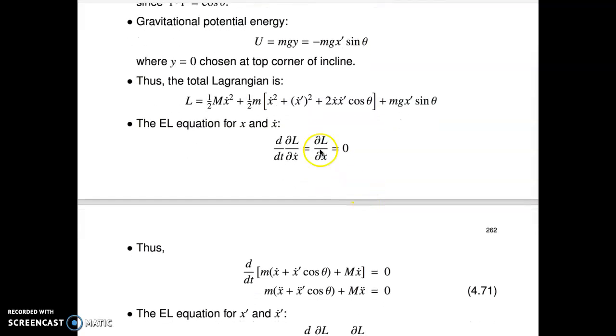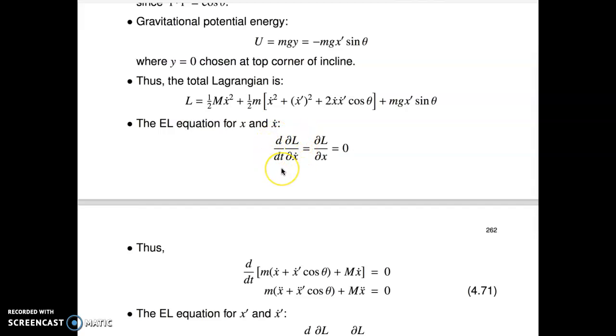If you then look at this Lagrangian, dL by dx, let's see, I'm not sure I see an x anywhere. I see an x dot, I see an x prime dot, I see an x primed, I don't see an x. So actually this equation ends up being correct after all, because this is equal to 0.